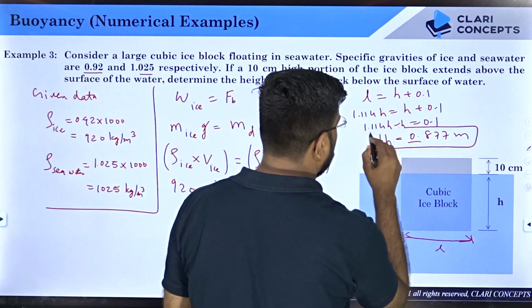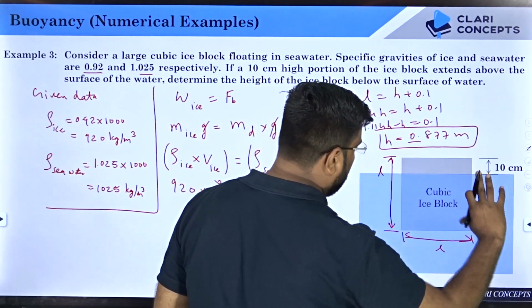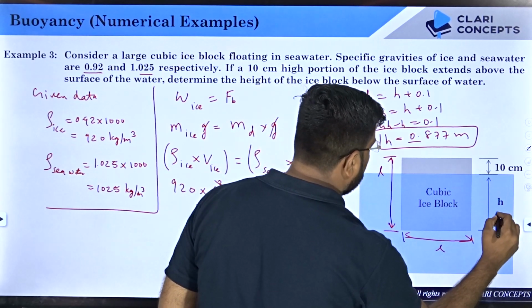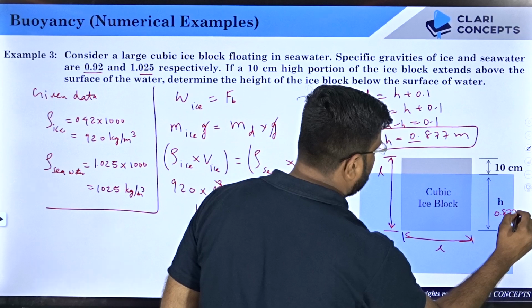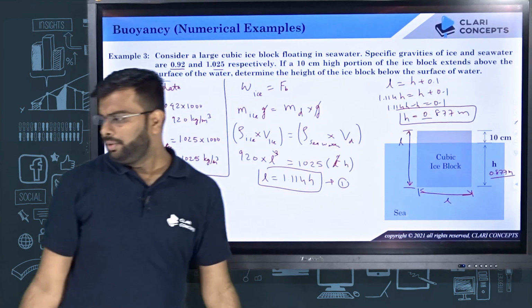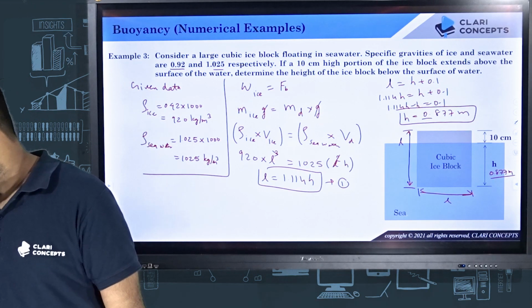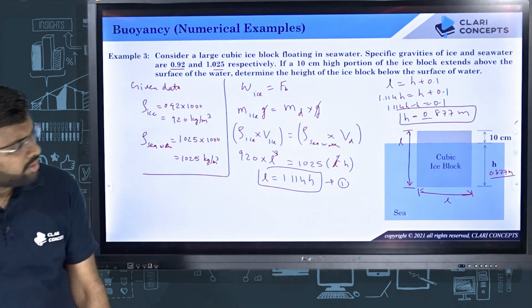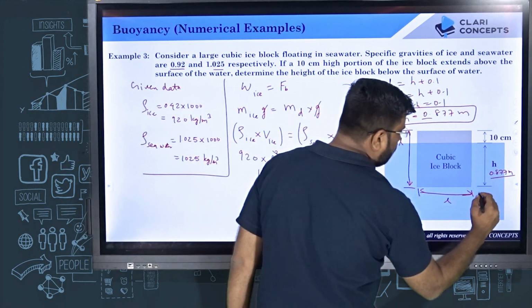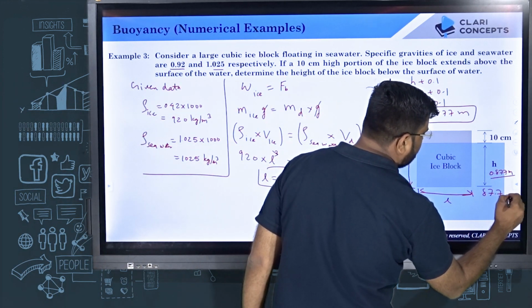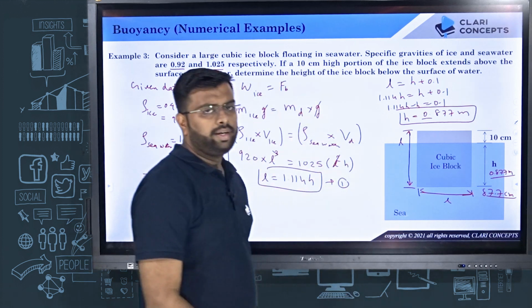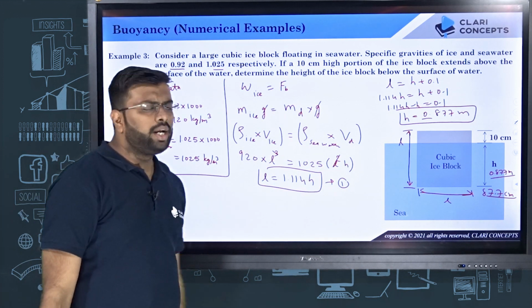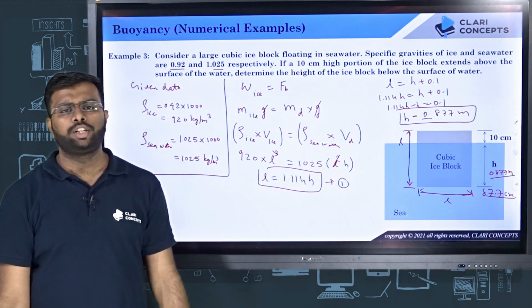So depth of ice block inside the water is 0.877 meters. Let me check the answer. 0.877 meters, perfectly fine, which is equal to 87.7 centimeter. Multiply by 100. Clear? So I hope you got this answer and how to calculate the numericals of buoyancy.